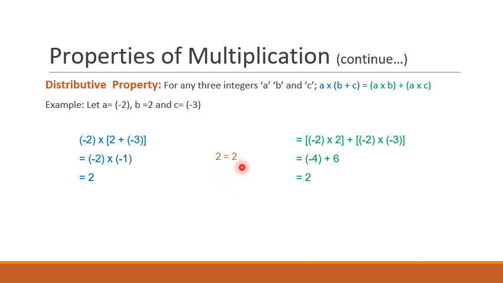So we can use the distributive property to solve such questions in which we have one integer common and it is multiplied to the sum of any two numbers. So we can solve it using the distributive property.